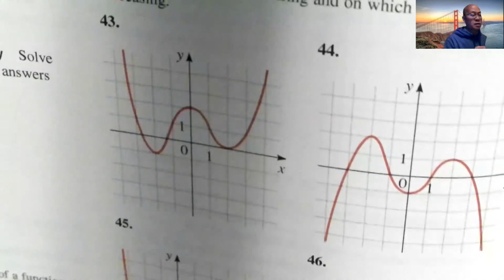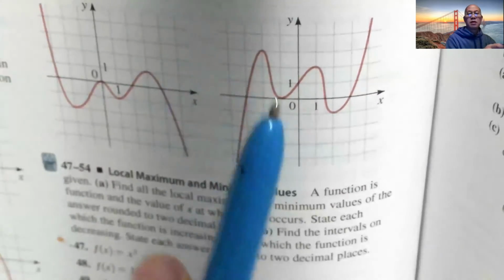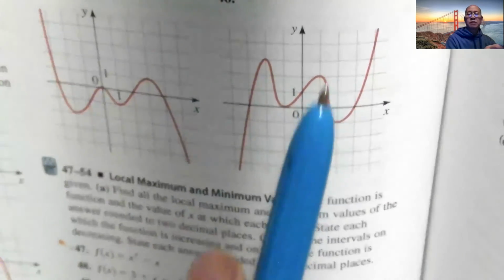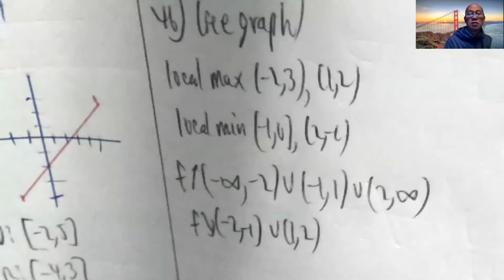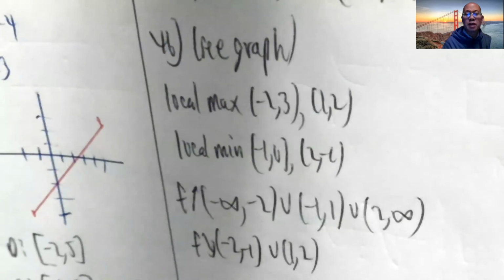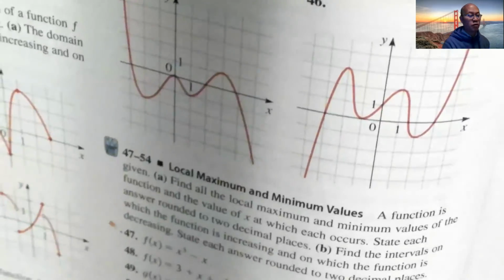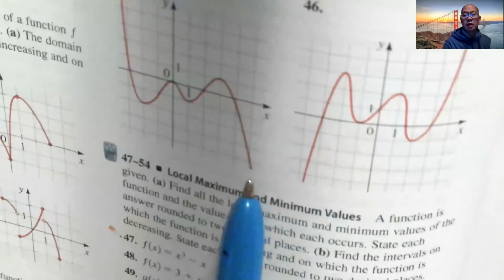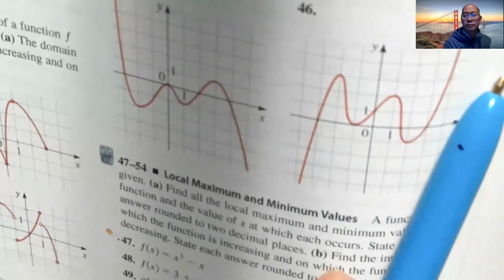And finally, 46. Maximum, minimum, maximum, minimum. So local max, (-2, 3) and (1, 2). Local minimum, (-1, 0), (2, -1). Those are those coordinates. Increasing, decreasing, increasing, decreasing, increasing.